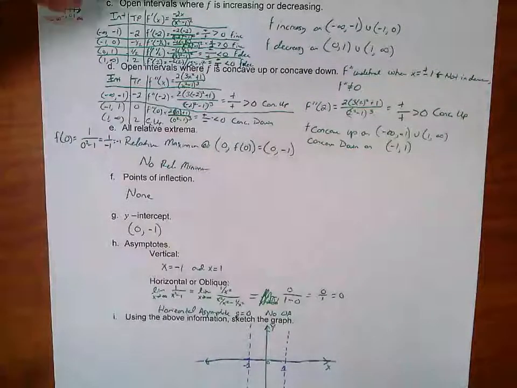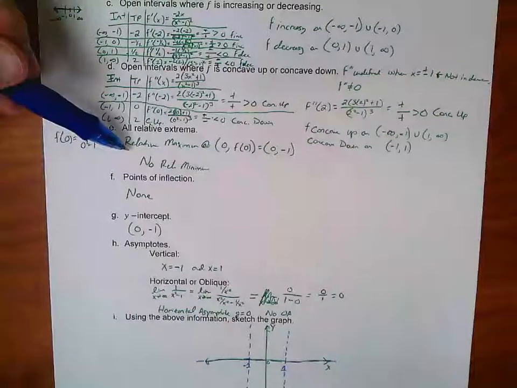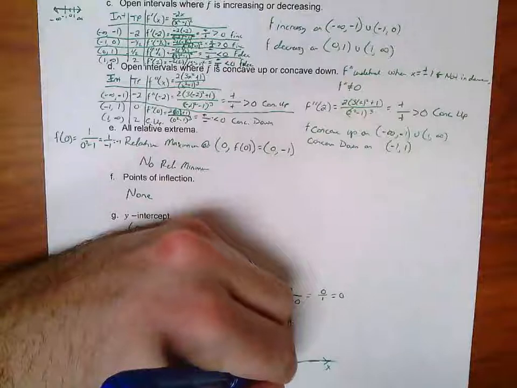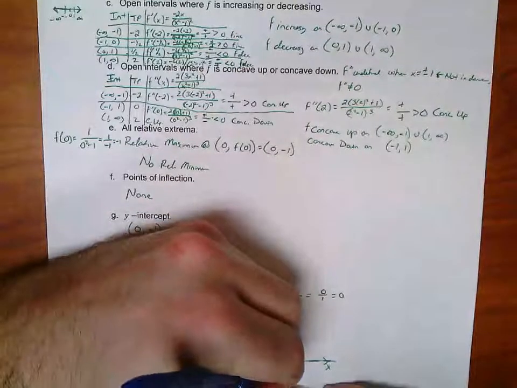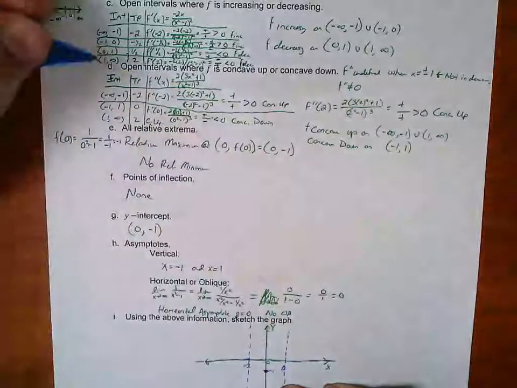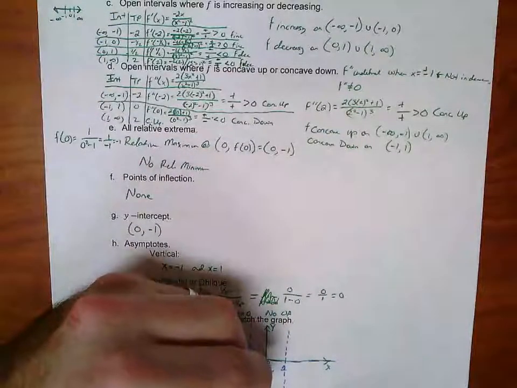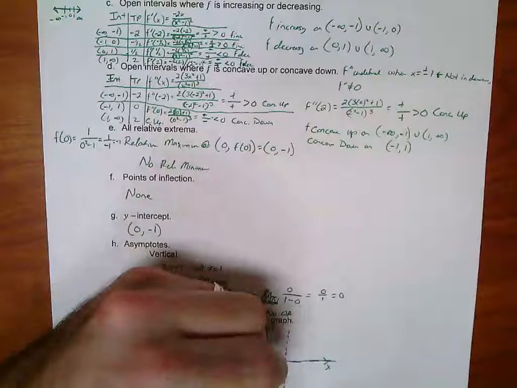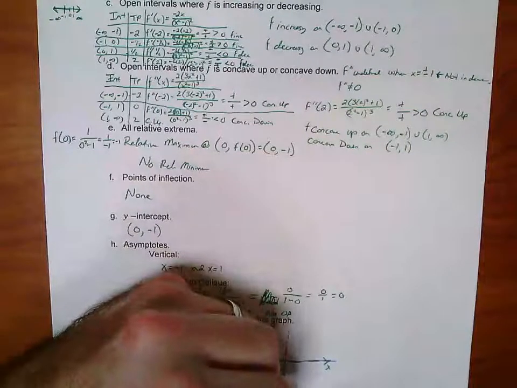So now starting with extrema, so we know we had a relative maximum at (0, negative 1). So there's our relative max. So because it's a relative max, it has to be going from increasing to decreasing between these two asymptotes.